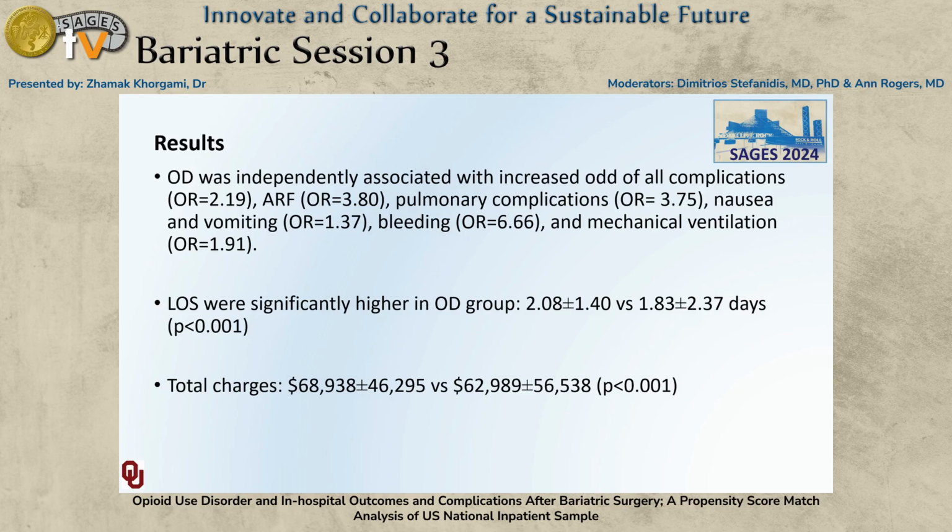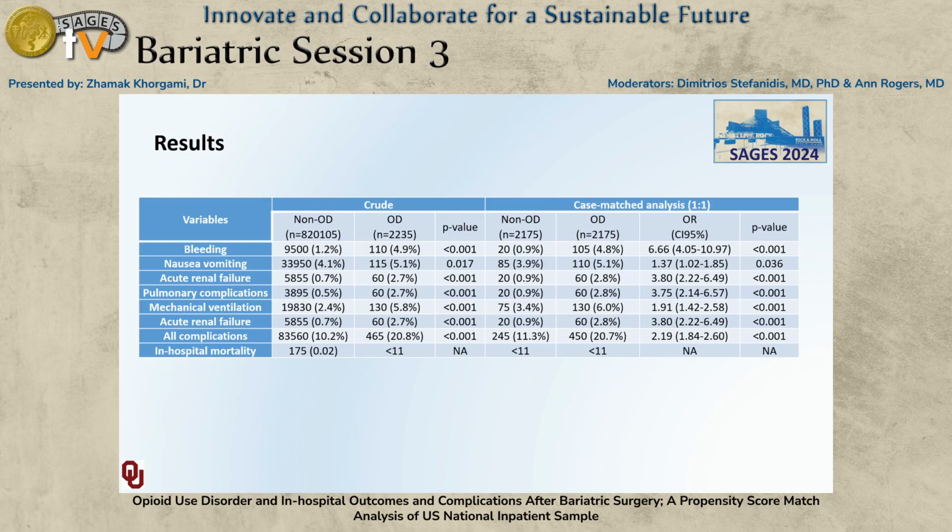Length of stay was also higher in this group, and the charges were $69,000 versus $63,000, significantly higher. In the last row you can see we tried to see if mortality is different, but in this 2,000 group, the numbers were less than 10, and based on NIS rules we could not report them, and it was also not significant.